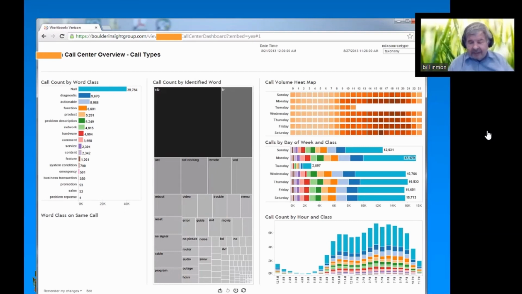On the bottom right-hand side, we have the distribution of the time of day in which the call came in. And you can see at 3 o'clock and 4 o'clock in the morning, there was not anybody talking to the telephone company. But at 9 o'clock and 10 o'clock in the morning, there were people talking.